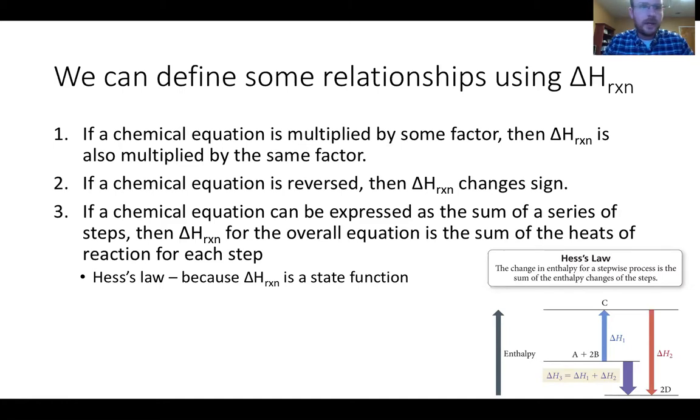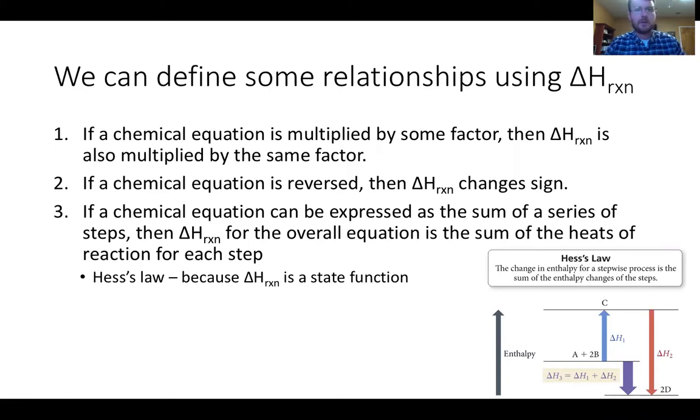If a chemical equation is multiplied by some factor, and we'll walk through a problem like this because I really like these problems, I really, really do, then delta H of the reaction is also multiplied by the same factor. If a chemical equation is reversed, then delta H of the reaction changes sign.